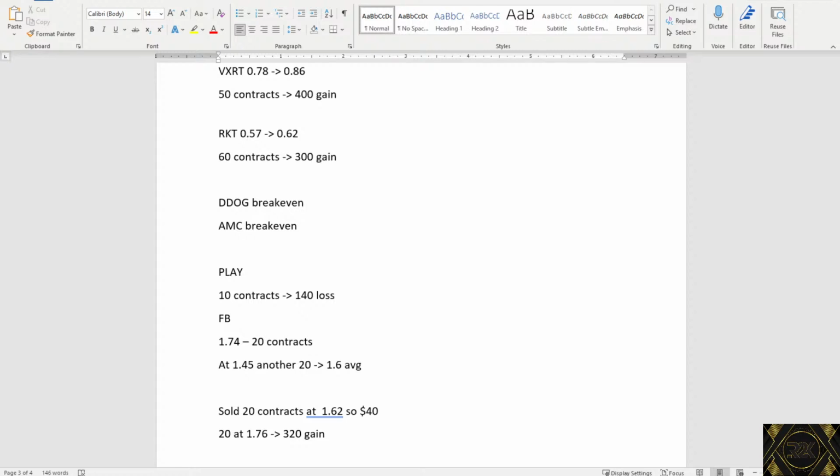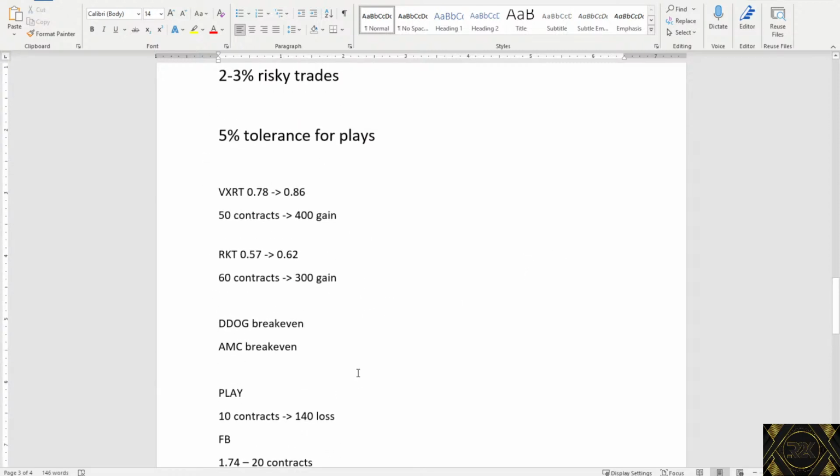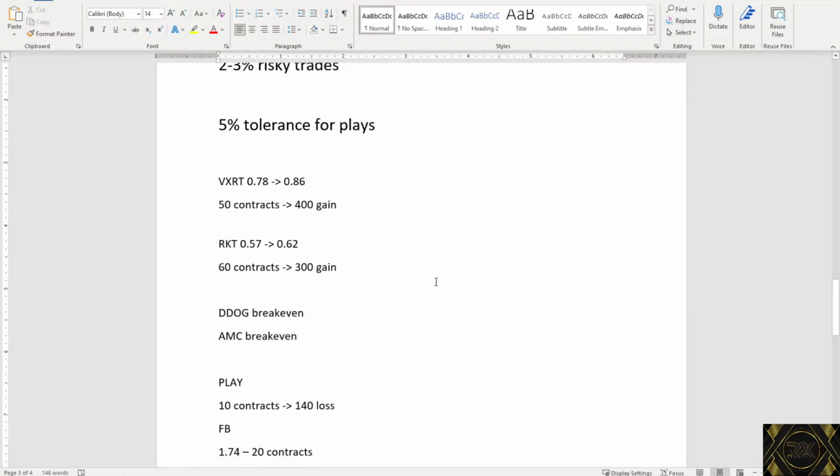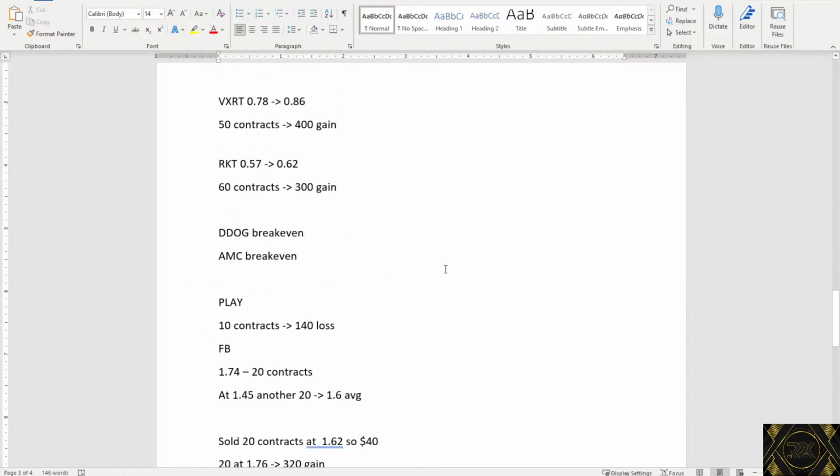Let's see, 360, 140, 700-ish. So it's about a $1,000 gain on the day. And then obviously there's some discrepancy between AMC and D-Dog. These both went bright green before they went down. So on a 35K account or so, I'd say you'd be looking at maybe around 1,300 to 1,500 profit on the day, conservatively.